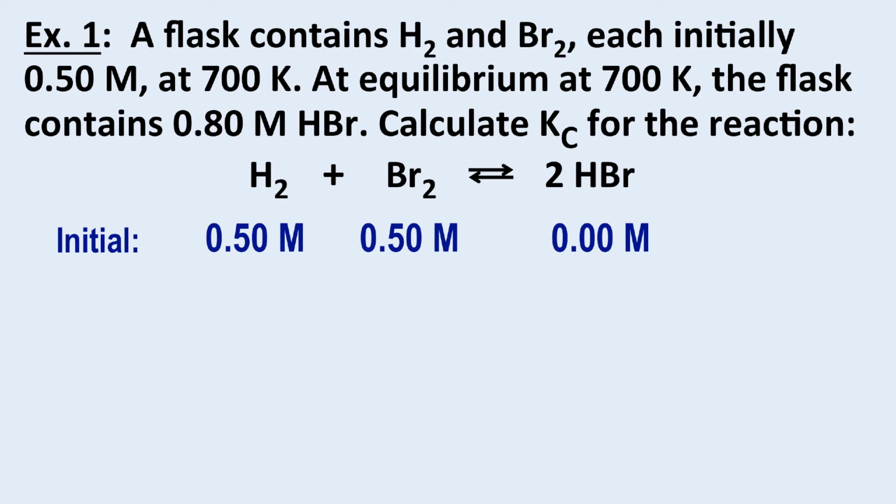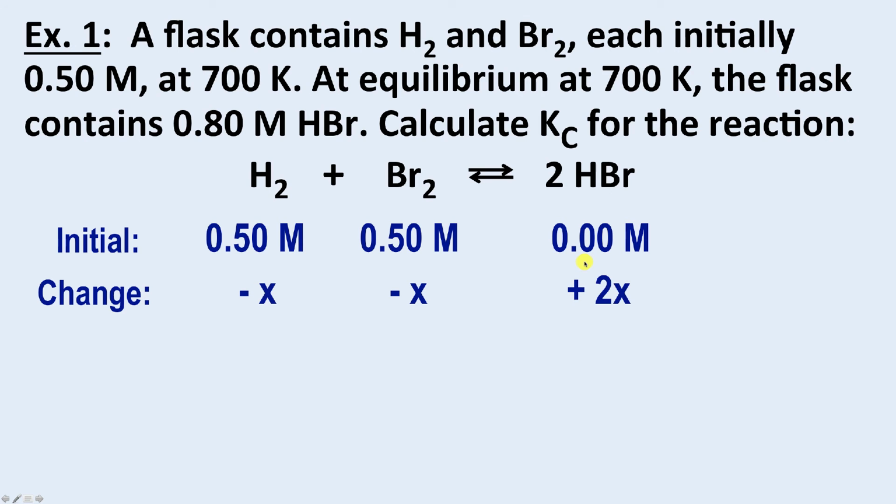Now, even though we don't know what the concentration changes are exactly, we can relate them to each other by using X to symbolize the unknown change, and then noting that the H2 concentration goes down. The Br2 concentration also goes down, so we have a negative sign indicating a decrease in concentration.